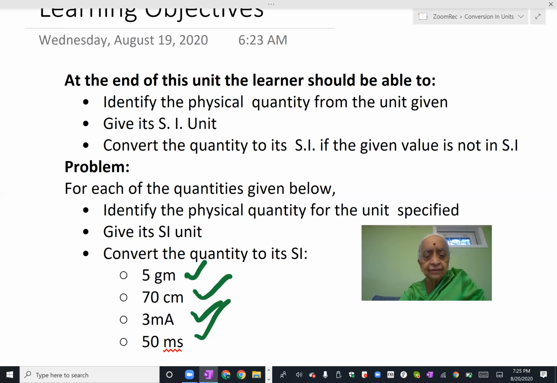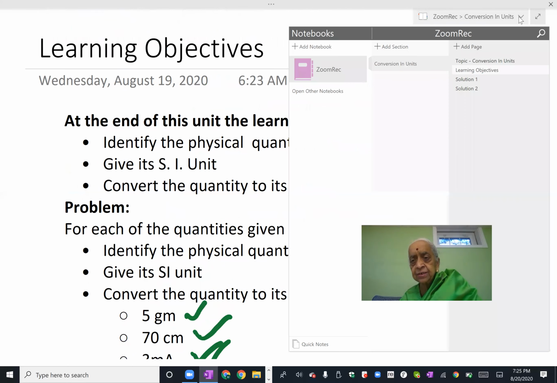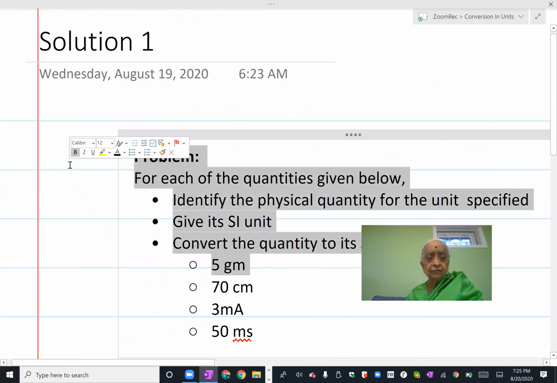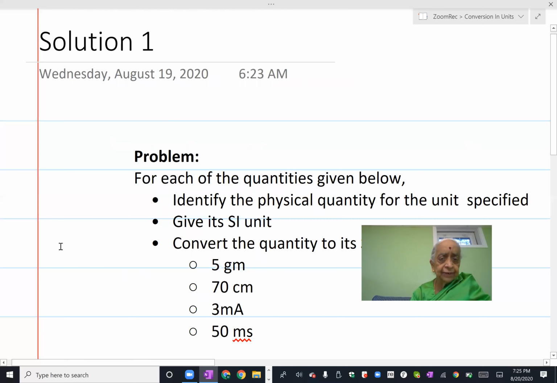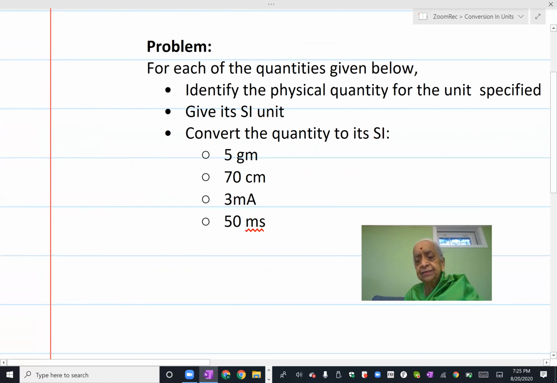This is our next probe that we are going to do. Now, how do we go about it? I have copied the same problem in the next page, in the solution page. Look here. I have copied the same problem. Here, the first is 5 gram. Let us take it. Now, I told you, or you have already learned, that 5 gram is a unit of, just listen here.